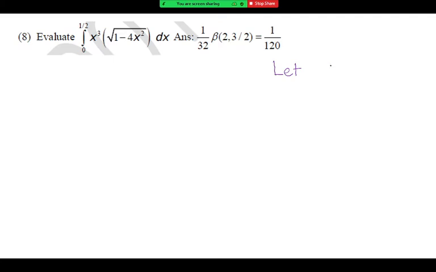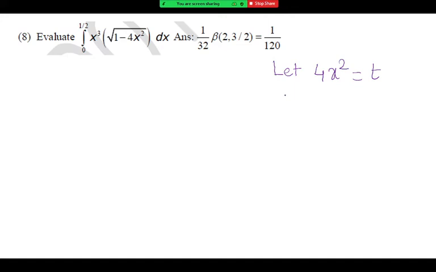X square equal to t? No, not correct. 1 minus 4x square equals to? No, that is also not correct. 4x square is equal to t. That is the correct one. 4x square should be t, so that this term becomes 1 minus t raised to half. So this is the 1 minus x raised to n minus 1 form there.